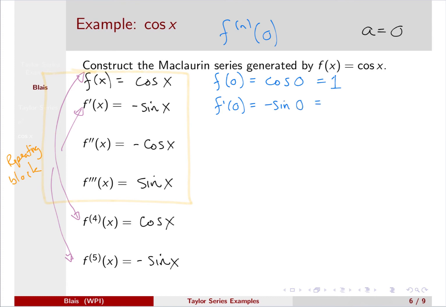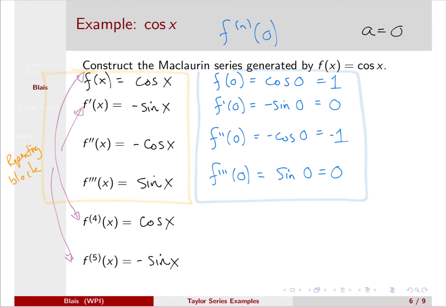Sine of 0 is 0, so we get 0. The second derivative of f at 0 is minus cosine of 0, which is minus 1. And the third derivative of f at 0 is sine of 0, or 0. And we now see this will be our repeating pattern.